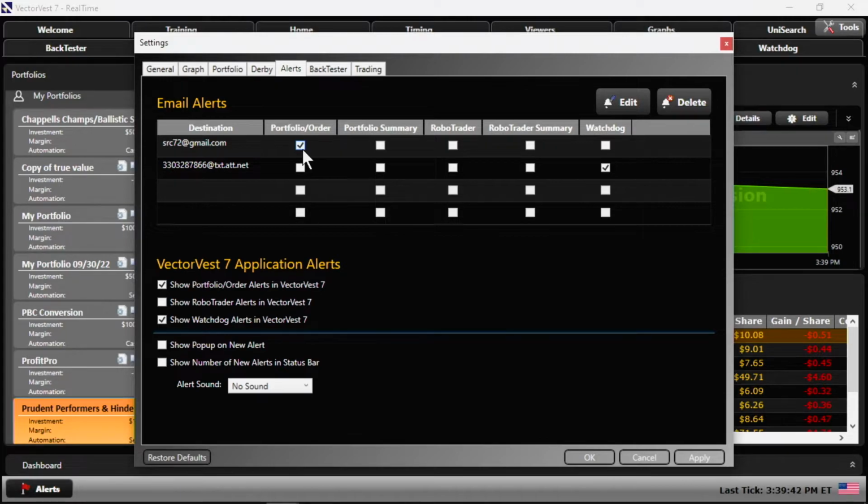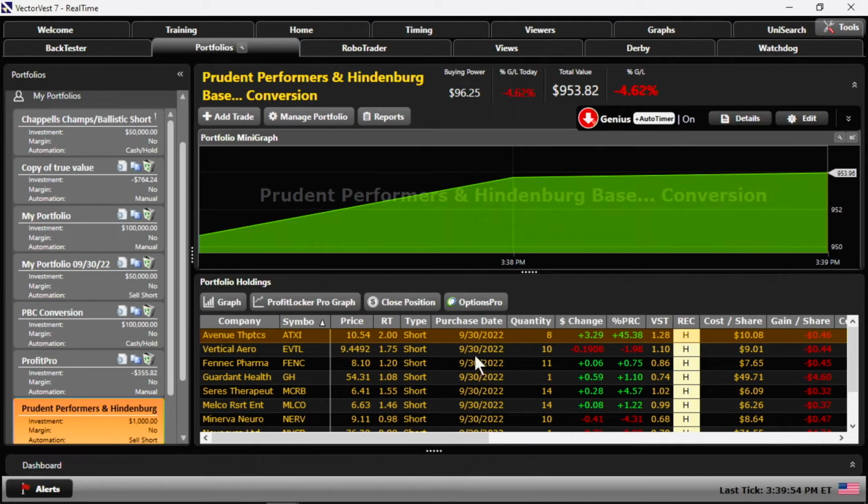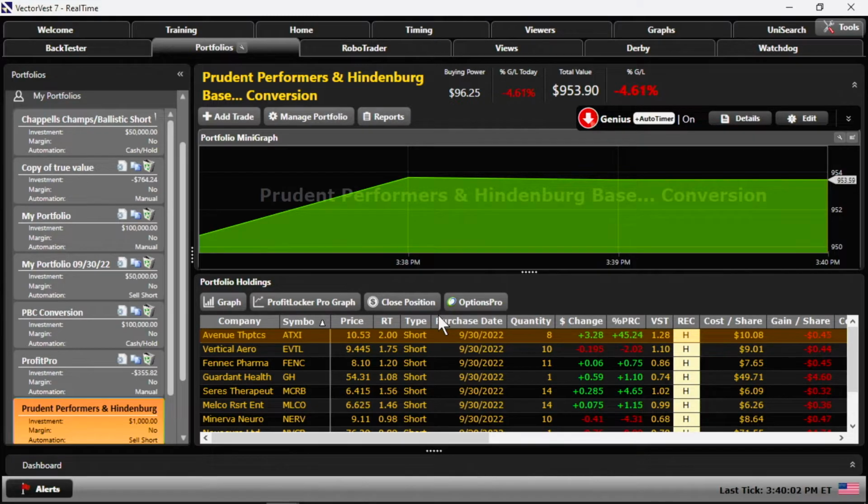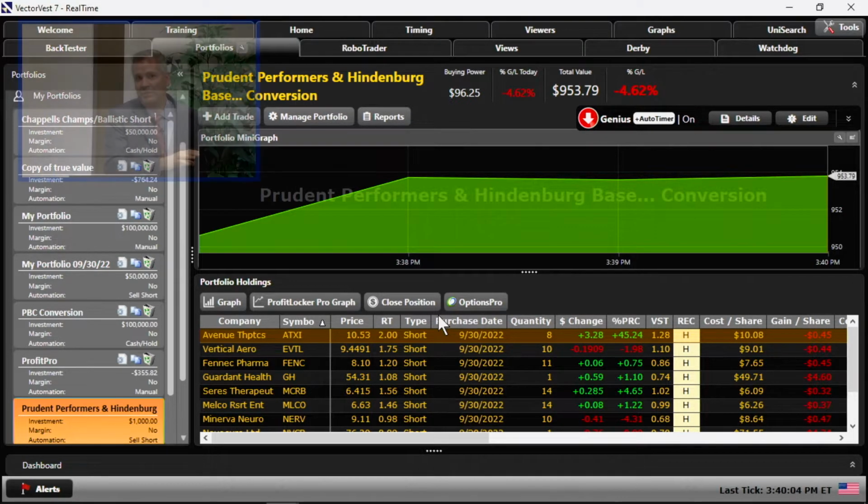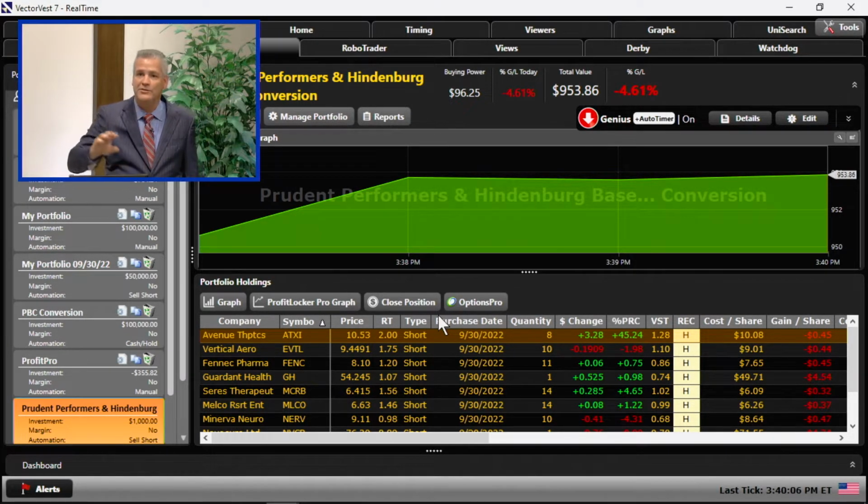It's going to say, ABC stock hit gain loss at X price. You need to go to your brokerage. You need to close that position out, and you need to open a new one. All right, and when you do that, it'll also automatically send you the replacement position, even if you don't do it. So you'll have both the one to exit and the one to open if that's what your plan calls for. So that's really cool.